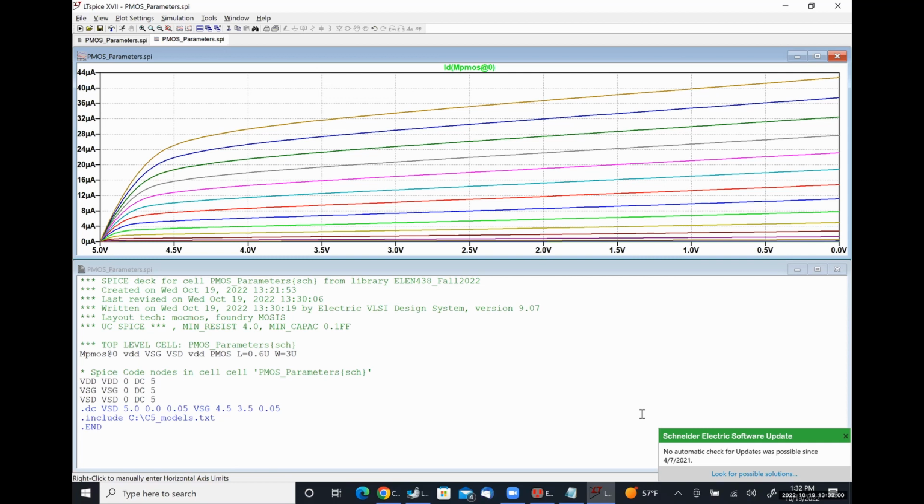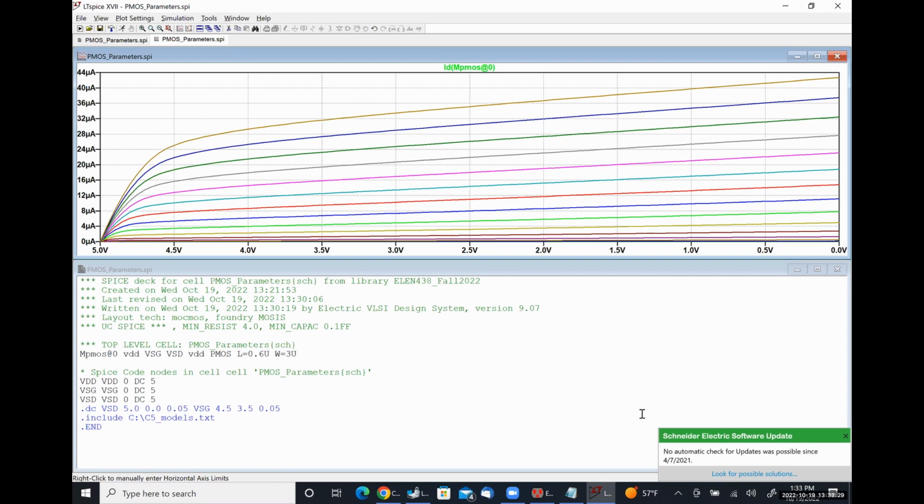So from here, we can pick a particular value of VSG. We want it to be at least 4.05 volts, but preferably a little bit lower than that. So we could try something like 3.5 volts, which would give us this big curve right here.